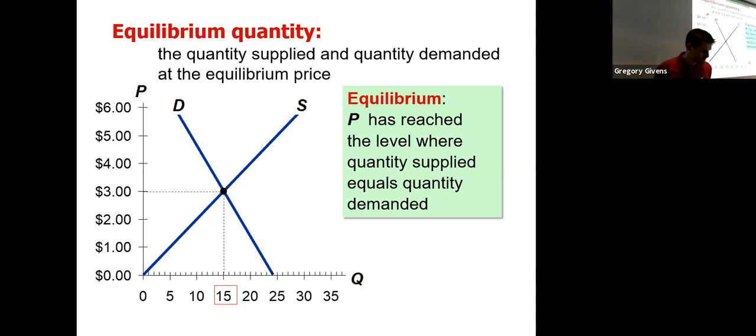Okay. Before we go on to a couple of examples here, let me just take a minute and ask you guys a somewhat more abstract question. And that is why we call this situation right here at the intersection of the demand and supply curve an equilibrium. When you hear that word, equilibrium, what does it mean to you?